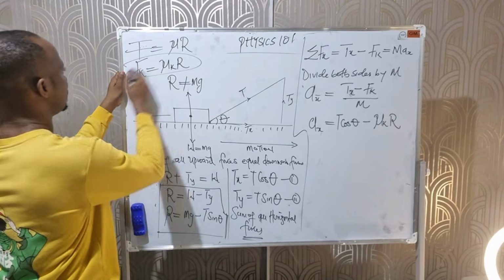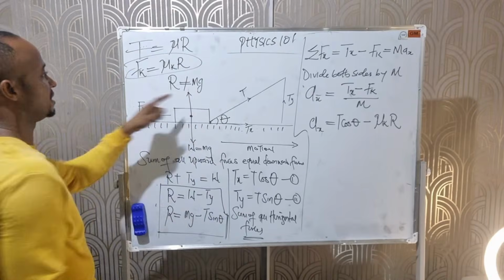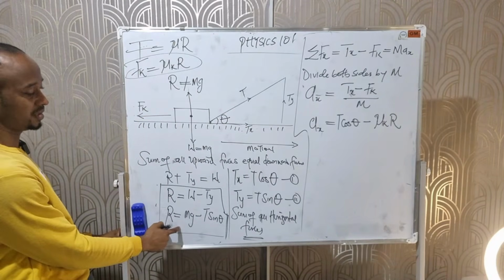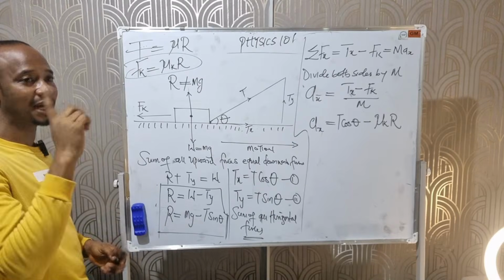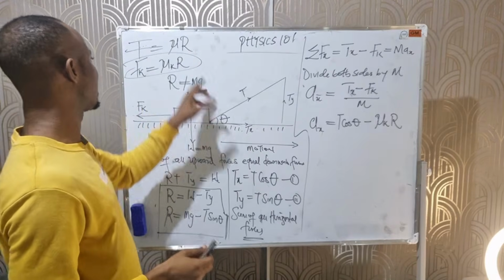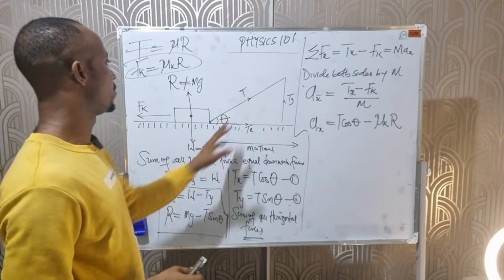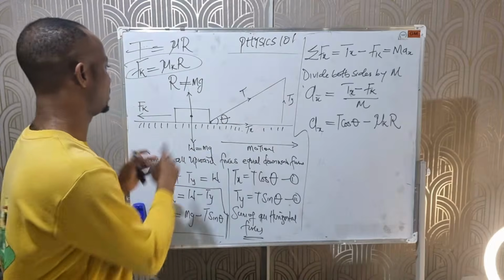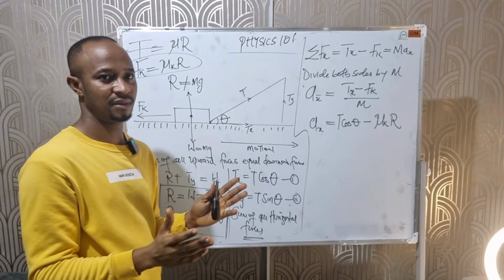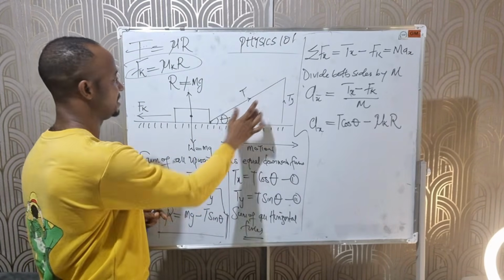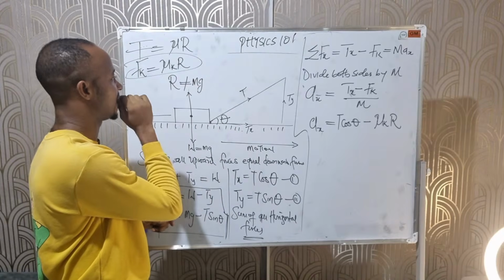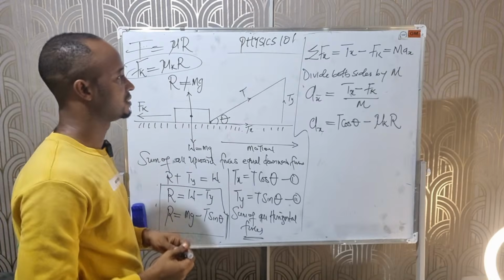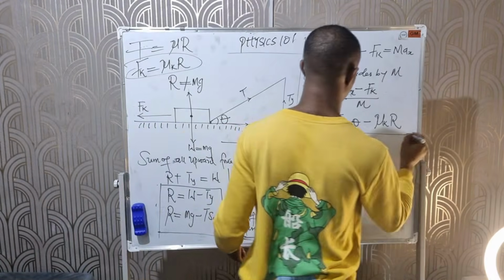But for this, don't forget that the value of R is not equal to mg. We have already defined this R as mg minus T sine theta. The only time I can use R as mg is when we don't have a system like this, when we have a body just along the horizontal axis. But if I have a system like this, I can't take my normal reaction to be equal to mg.